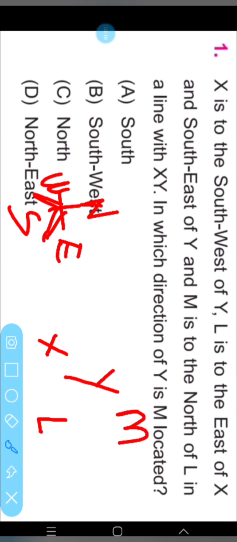The main question is in which direction of Y is M located. So this thing is the main. Now this is northeast, okay, so the answer is northeast.